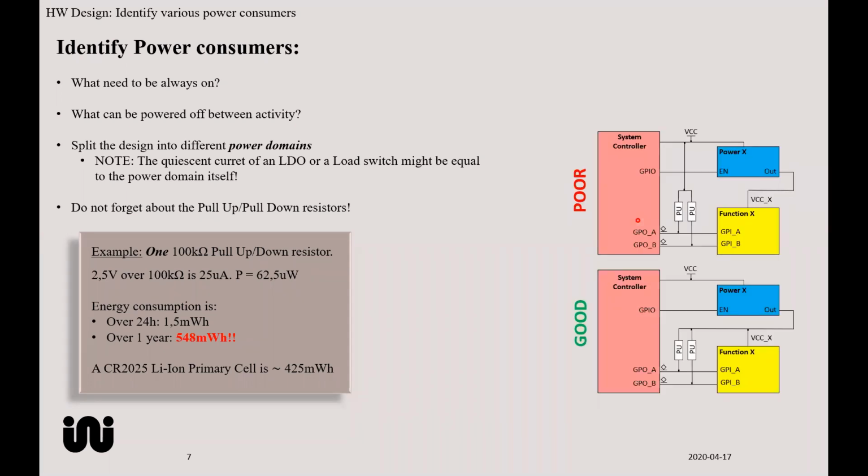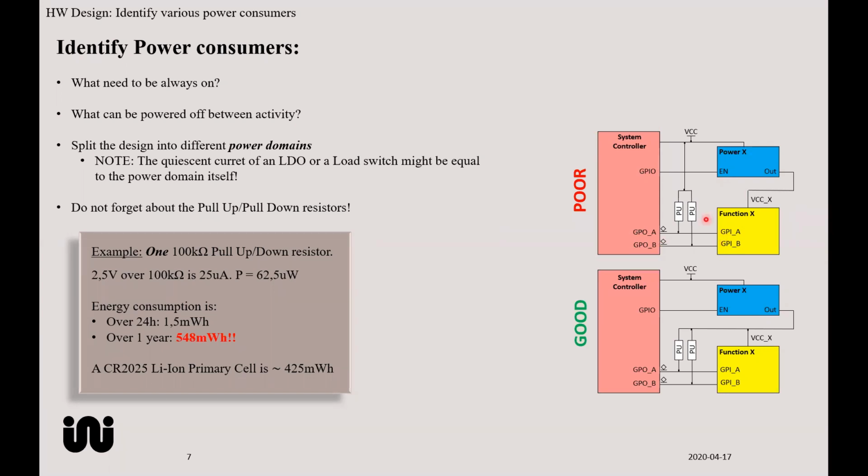As a poor example, first of all, would be a system controller that communicates with function X. It can enable function X by enabling power to it, and when it's not used, function X can be disabled by disabling the power to it. Communication in this case is over two GPIO pins.